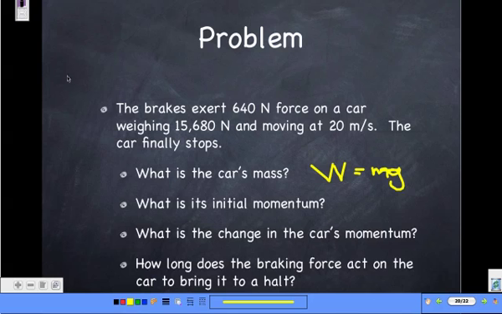And remember, change in momentum would equal final minus initial, right?